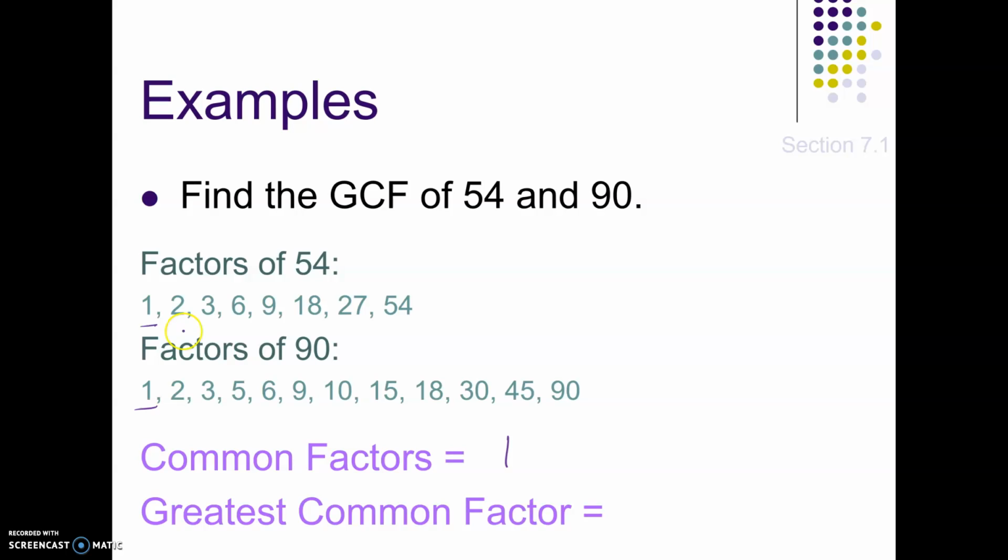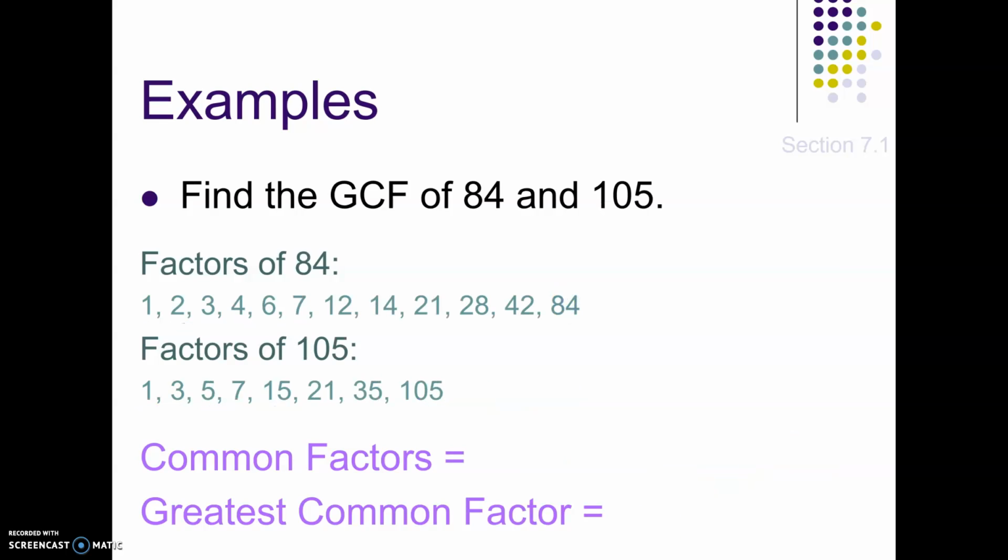I see 1, 2, 3, 6, 9, and 18. And I see no other numbers that are showing up on both lists other than those 6 numbers. The largest of those common factors is 18, and so we would call that the greatest common factor, or the GCF, of 54 and 90.